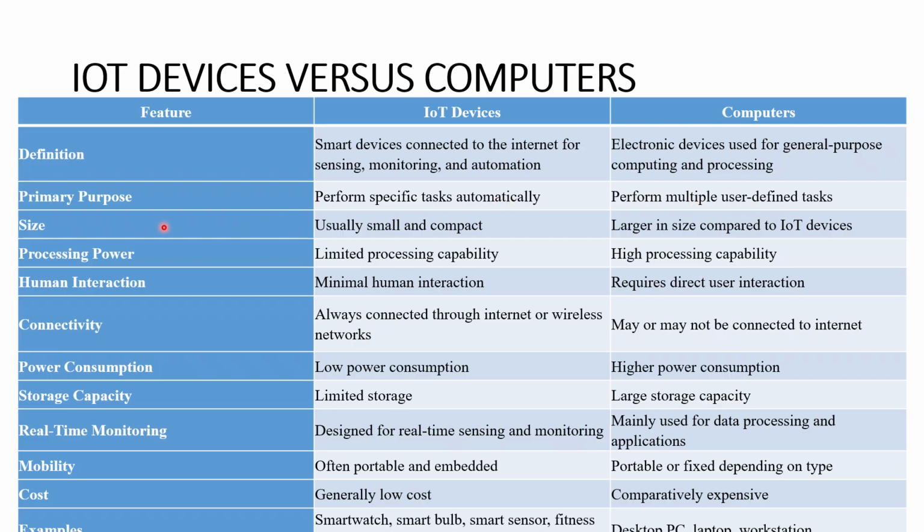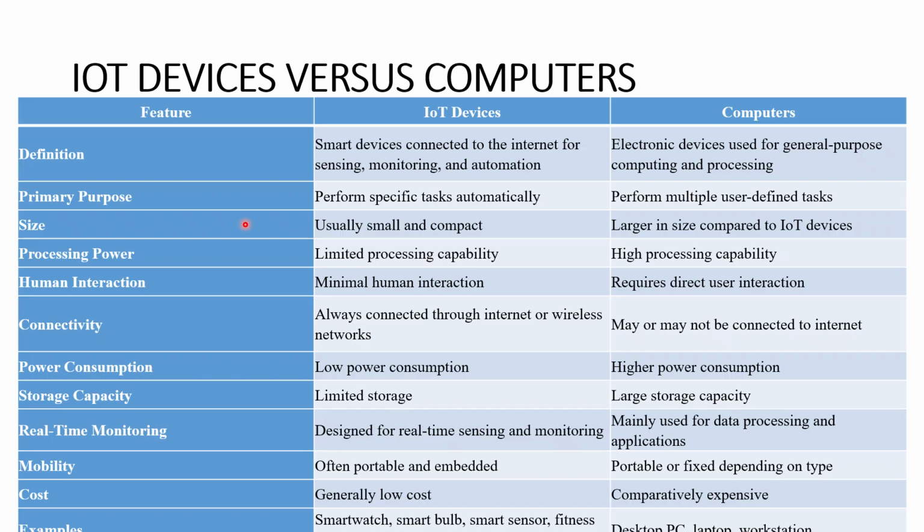Okay. When size is compared, IoT devices are usually small and compact, while computers are large compared to IoT devices. Processing power. IoT devices have limited processing capability, while computers have high processing capability. Human interaction. Minimal human interaction is needed in IoT devices, and computers require direct user interaction for everything.